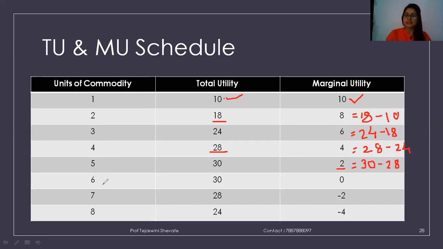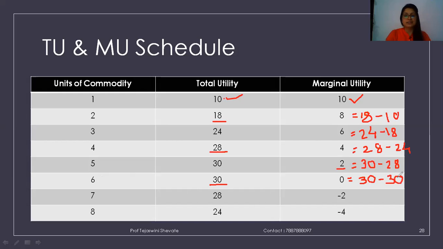Now I consume the sixth mango and the total utility remains constant. It still remains 30. So after consuming the sixth mango, I get no additional utility, that is zero utility. Why? Because when I consume the sixth mango, the total utility is 30, and when I consumed the fifth mango, the total utility was also 30.